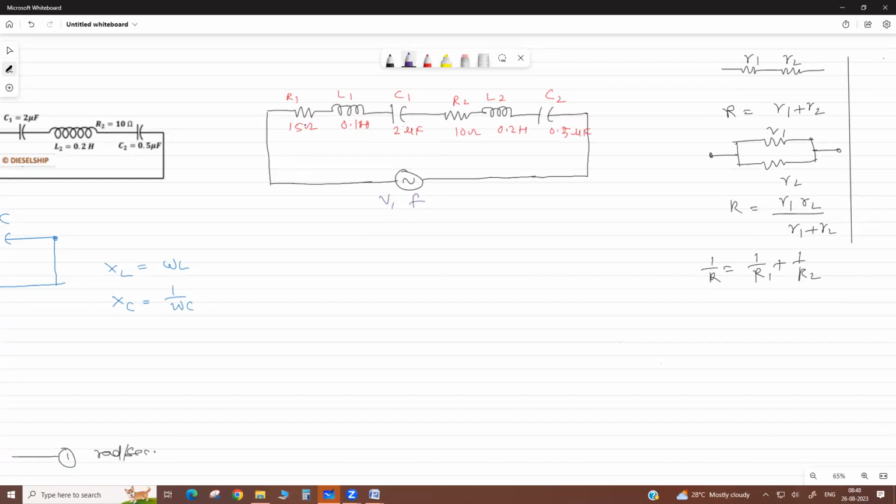Now the R's are in series, the L's we add, and the C's. So total resistance is just series, so add. R1 plus R2 becomes 25 ohm.